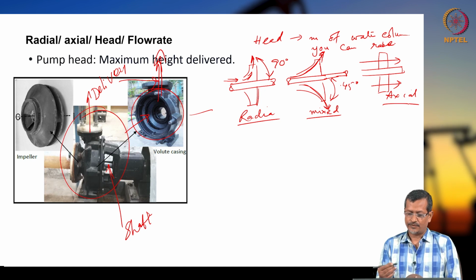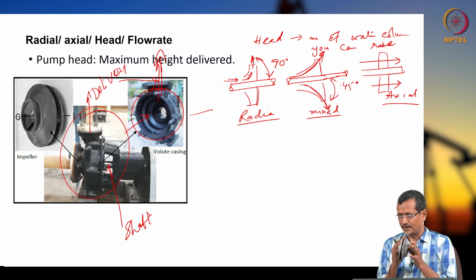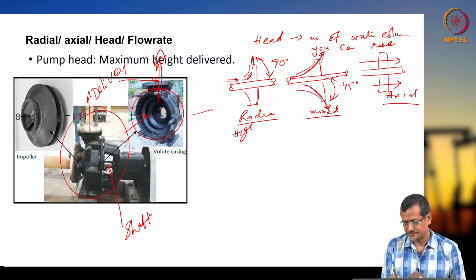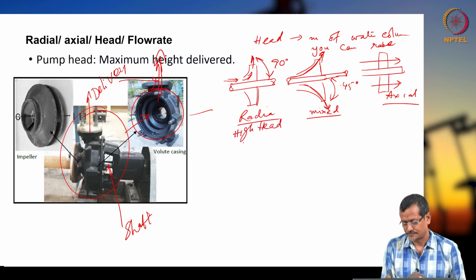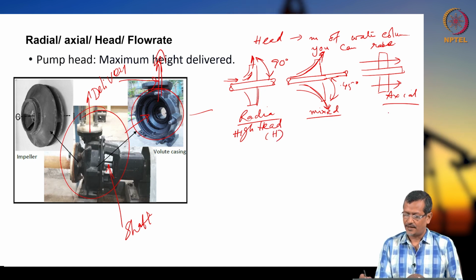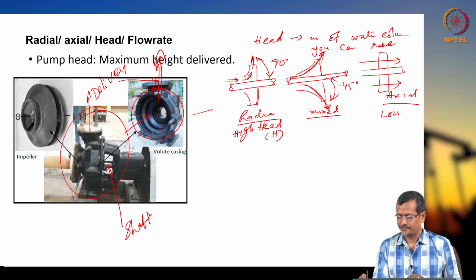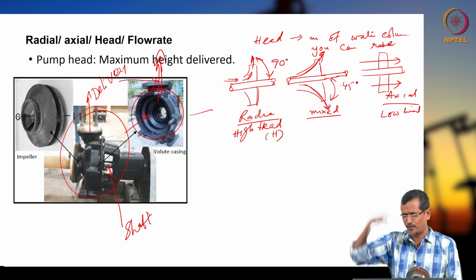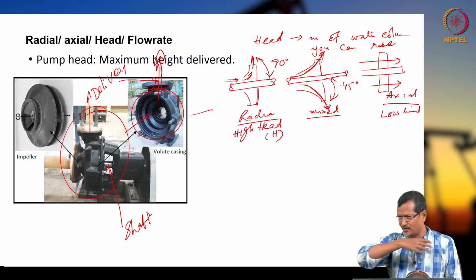Okay, so when we are talking about radial flow, it will give higher head or higher pressure. Normally we say H. And axial flow is low head. Like a ceiling fan, if it gives a very high amount of head, you cannot work there, the paper will be going here and there.